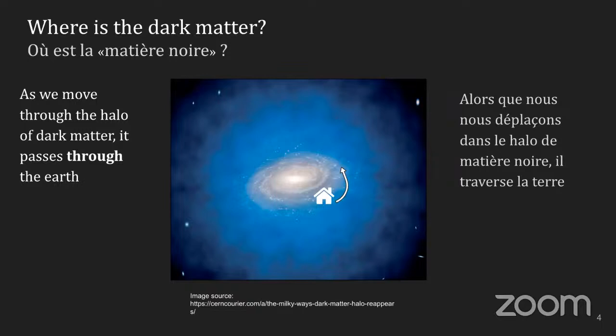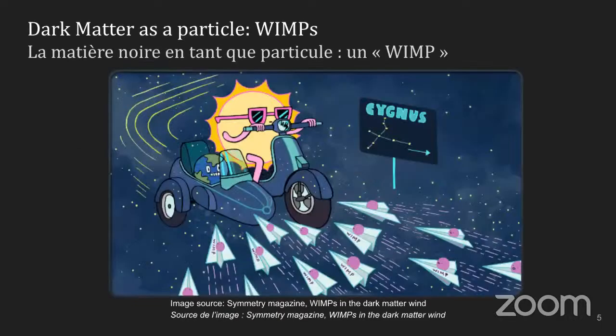You feel the wind, the air is standing still, but we're going through it. Because dark matter doesn't interact very strongly, almost all of it will pass completely through the Earth, not really doing anything. It just flows right through us.